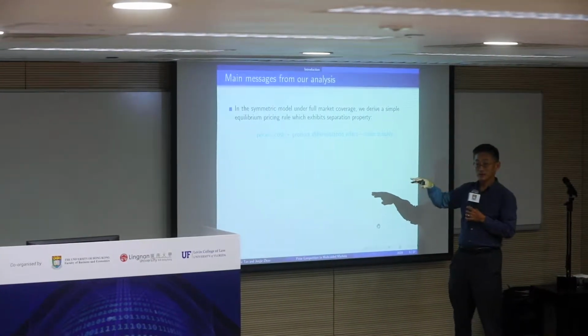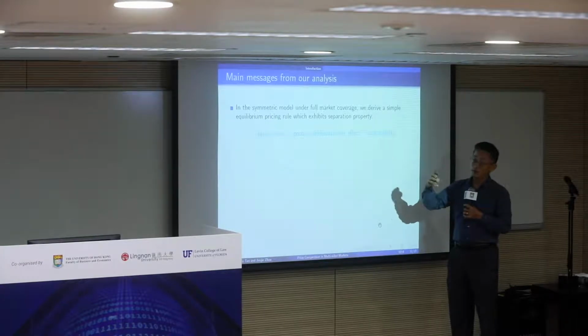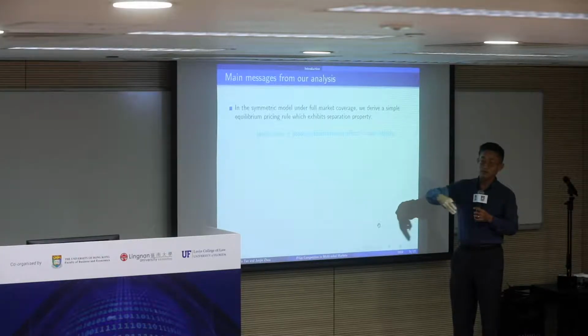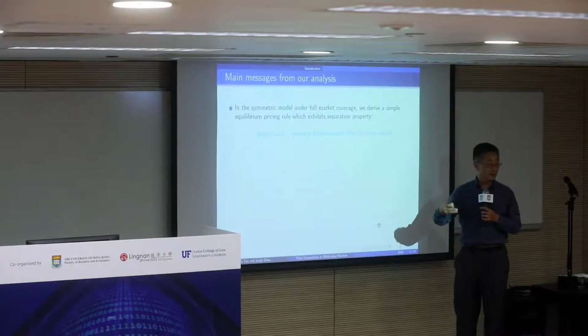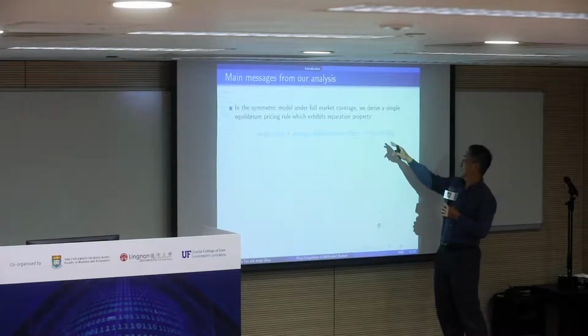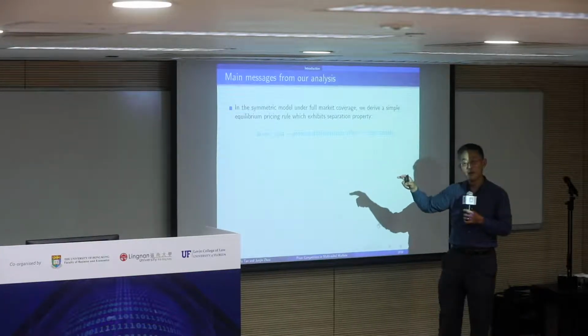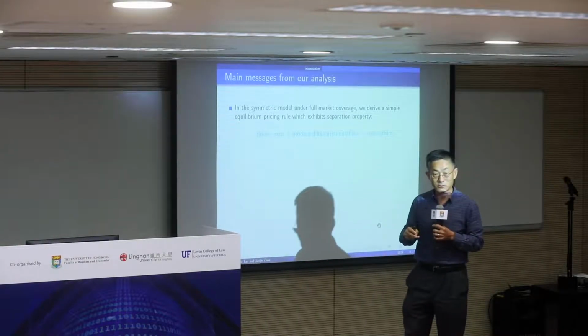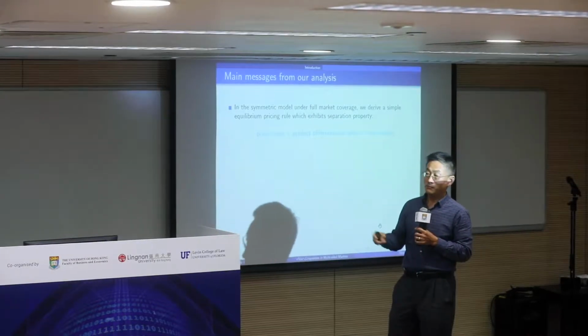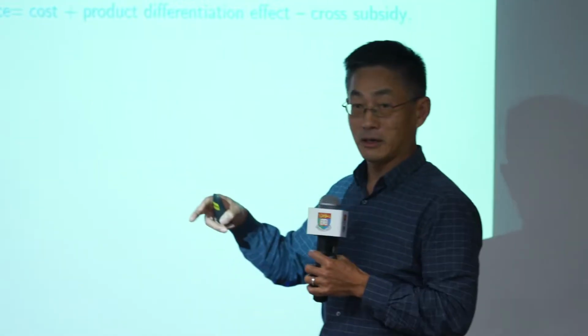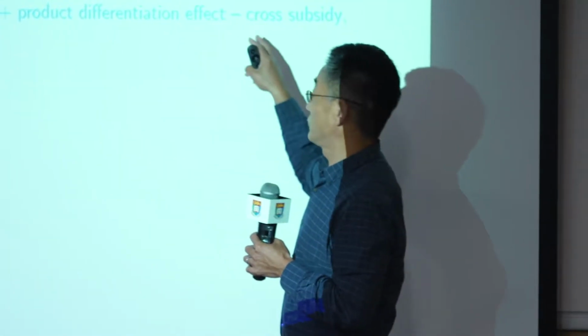What we're adding here is, since we're talking about multi-sided markets, since there's a cross-group, cross-side externality, there's an extra term in the price determination, which we call cross-subsidy, that we could help to compute to determine exactly what determined that cross-subsidy.